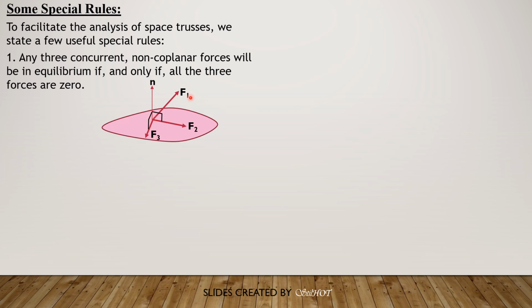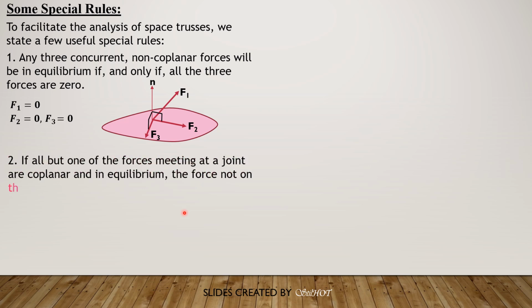Then F1 is 0. If F1 is 0, there will be two forces left, F2 and F3. So it's just like two forces meeting at a point which are not collinear. Then from the principle in 2D truss, these forces will also be 0. So F1 equals 0, then it follows that F2 and F3 will also be 0.